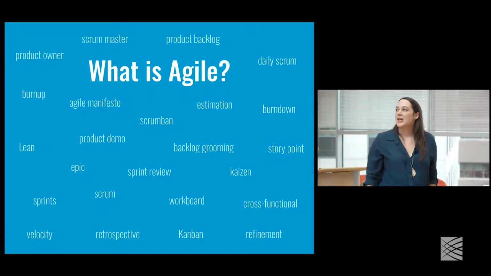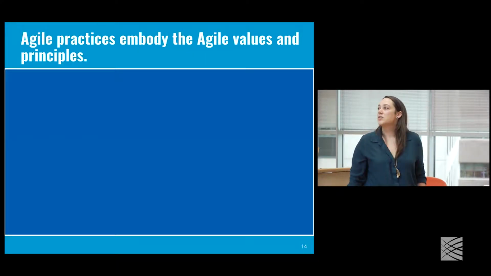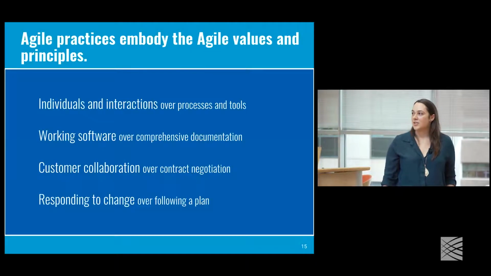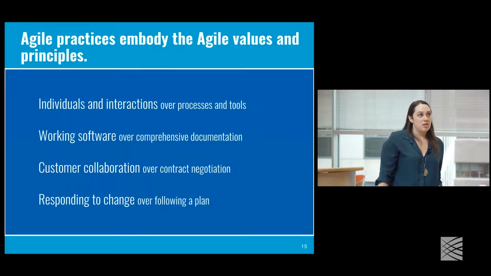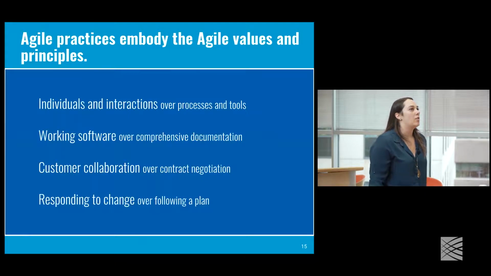And when you think about it, ultimately, Agile practices embody the 4 Agile values, which are individuals and interactions over processes and tools, working software over comprehensive documentation, customer collaboration over contract negotiation, and responding to change over following a plan.